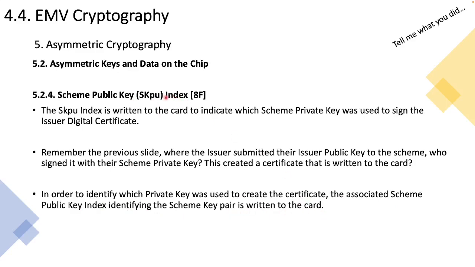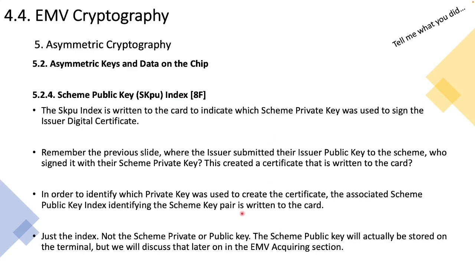Remember, the scheme will return the issuer digital certificate to the issuer, and they will associate the relevant key index with it. When we, as the issuer, as the bank, are creating the card and we write the certificate to the card, we will have the associated index in the same database. So when we write that certificate, we will also write the associated index to that card.